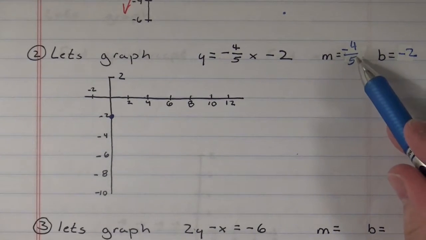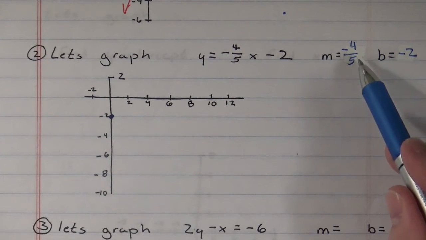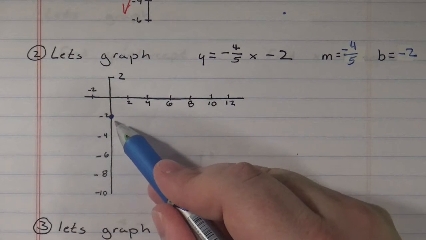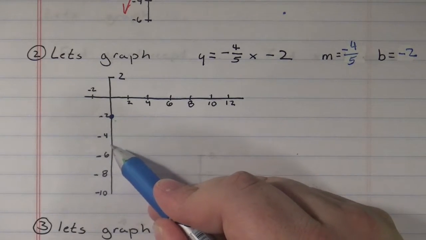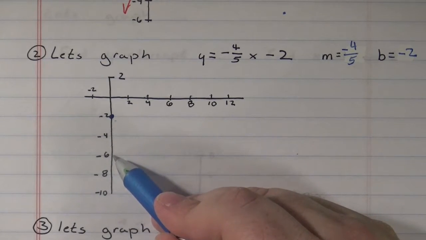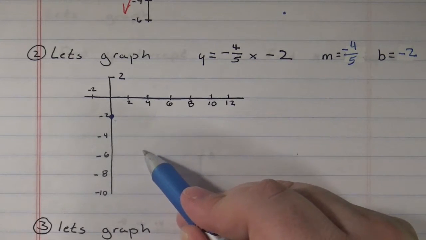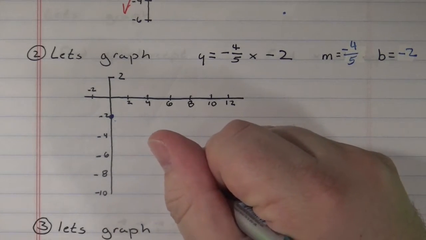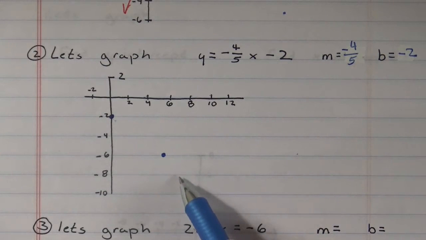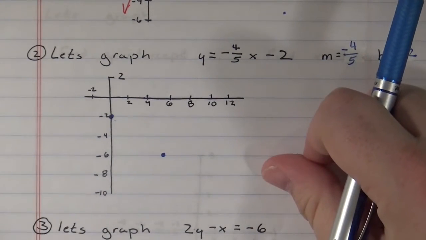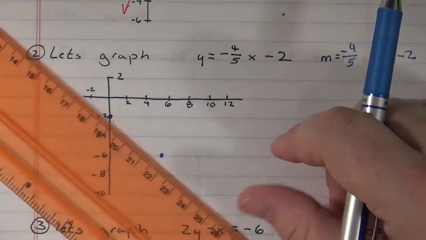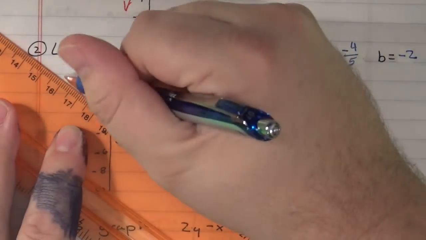Now I use my slope. It tells me to go down 4 and to the right 5. So I'm going to go down 1, 2, 3, 4, and then I'm going to go over 1, 2, 3, 4, 5. And I can continue this. I can go down 4 over 5, but I'm not, because all I really need is 2 points. And I graph it.